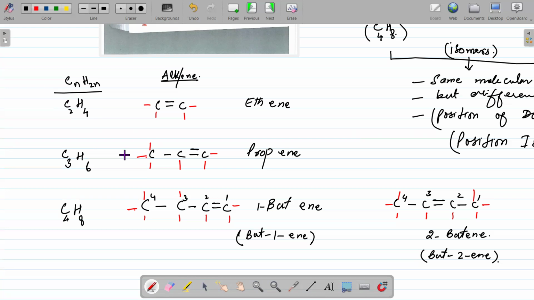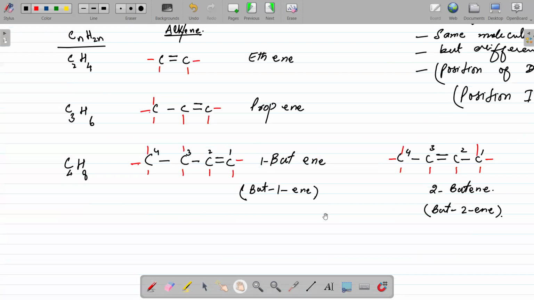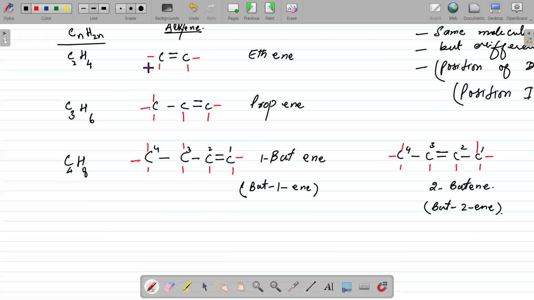So next, whenever we talk about the homologous series, where we can say their chemical properties, they are same, but what about their physical properties? As the chain length increase, their physical properties, they also change. But their chemical properties, they remain same. Why? Because they have same type of chemical bonds.